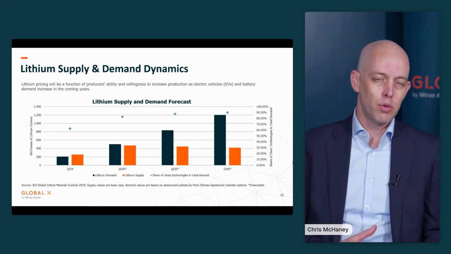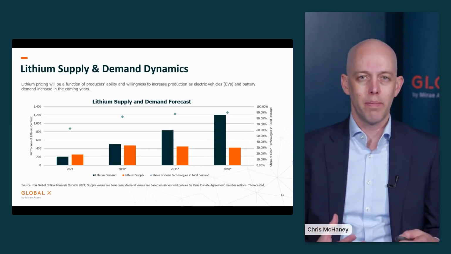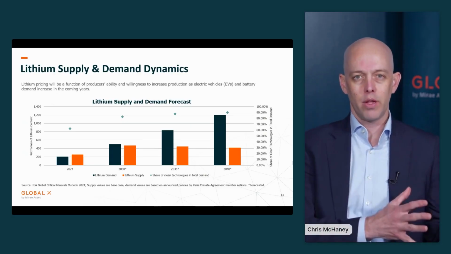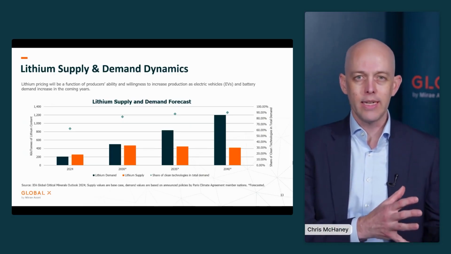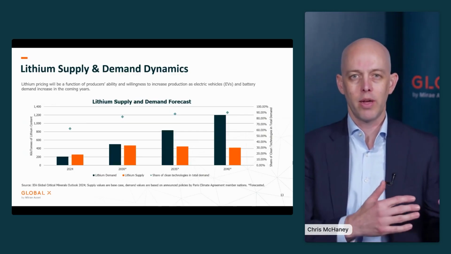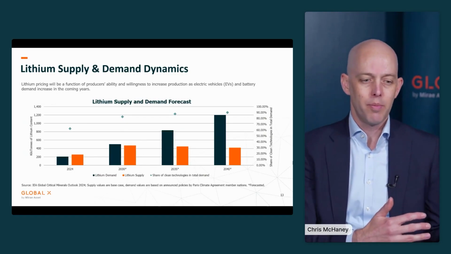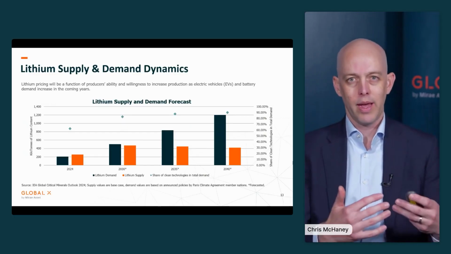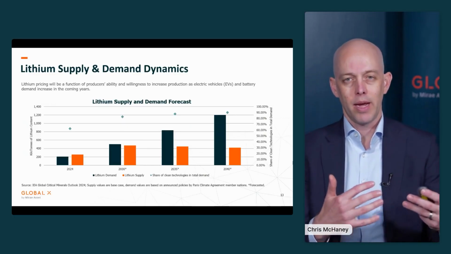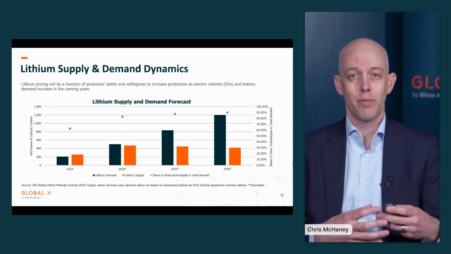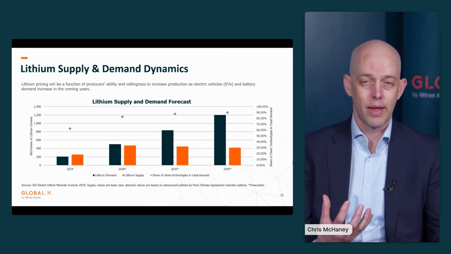Lithium is in a very similar space. Lithium, of course, used a lot in batteries and battery technology. You can see right now on the left-hand side of this chart, we're actually in a decent balance in terms of that lithium market, in terms of that demand and supply, really in a good space right now. But very soon, even by 2030, that will face a deficit. And by 2035, 2040, significant deficit, as we'll have about twice as much demand as the supply that we have.